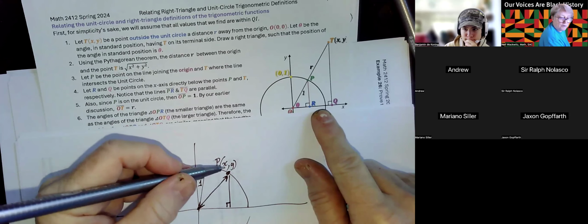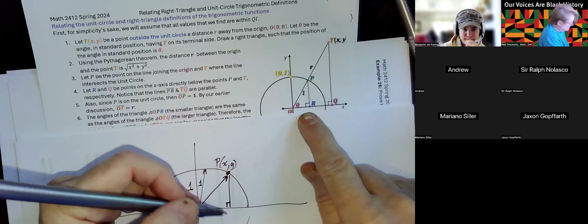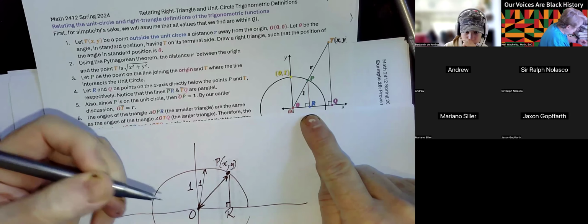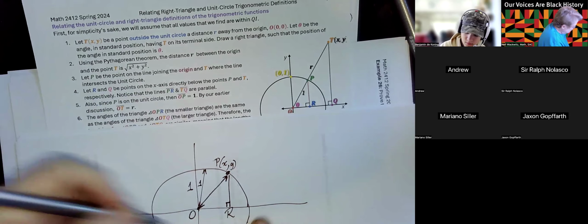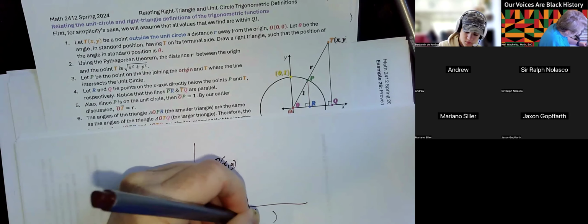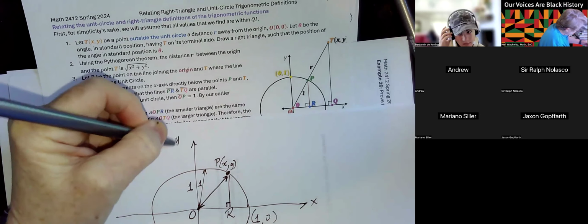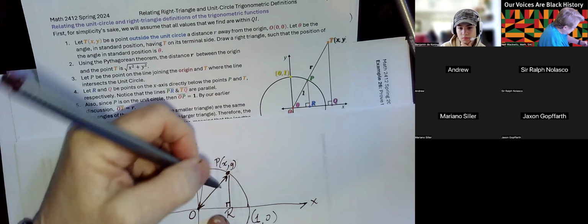If we drop a vertical from P, the place where we land is going to be called R. The origin is O. We know that the point on the unit circle is 1, 0. We know that the distance between the origin and P is 1.